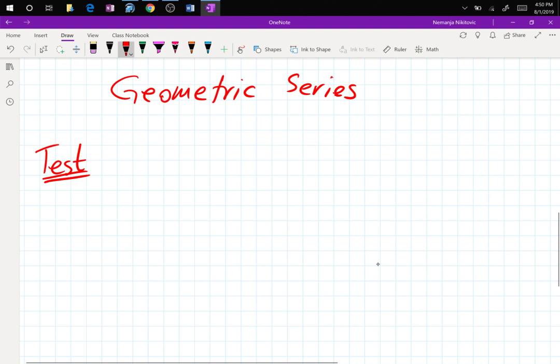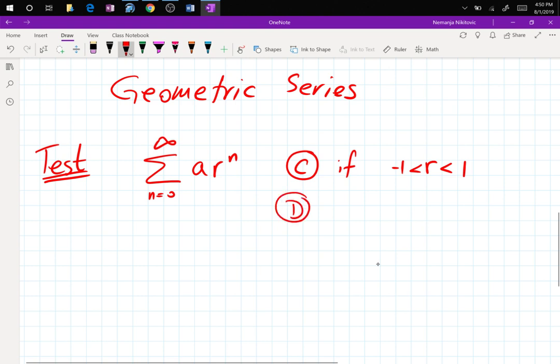If you have a series that looks like this, n starts at 0 to infinity, of a r to the n, the series is convergent if r is in between -1 and 1. It's divergent otherwise.